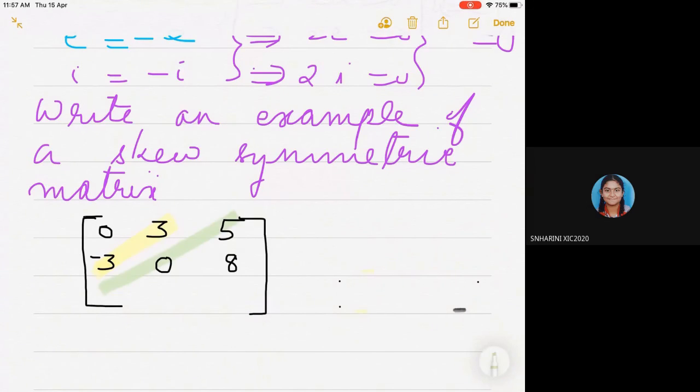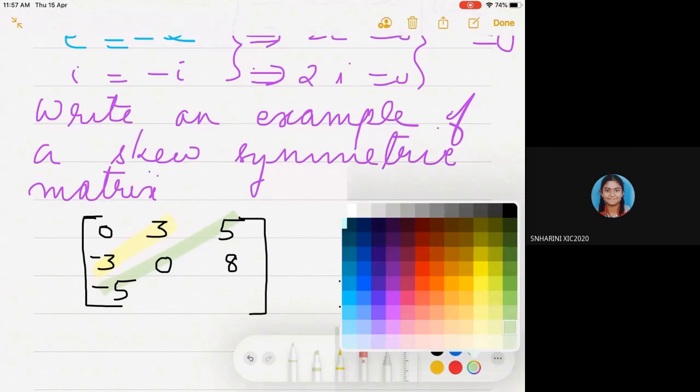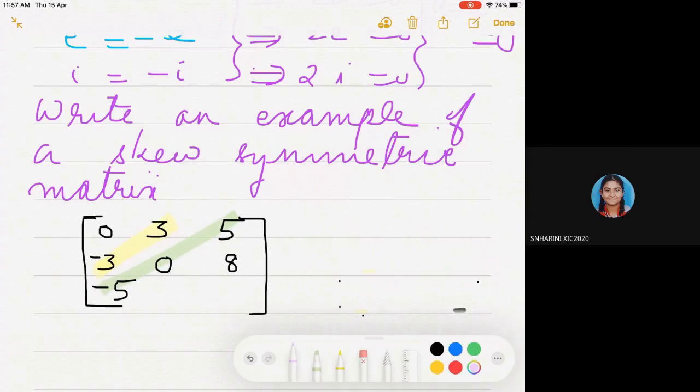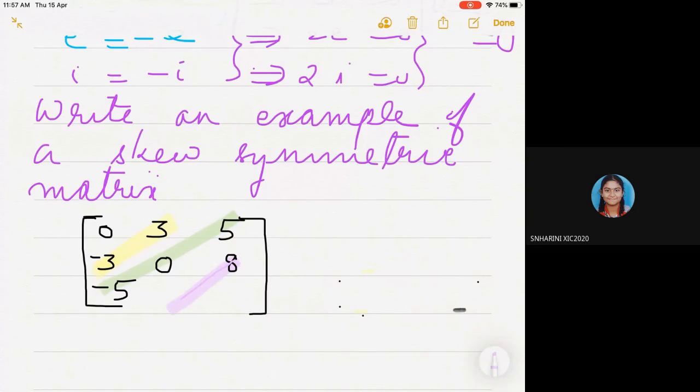Diagonally opposite elements should be of opposite sign. Again, diagonally opposite, here it should be minus 8. And the last one is your diagonal element, it must be 0.